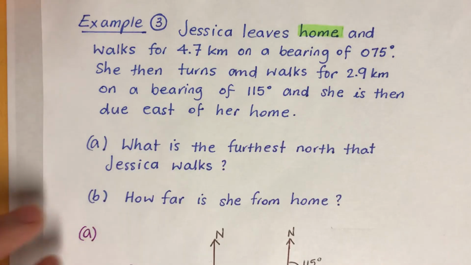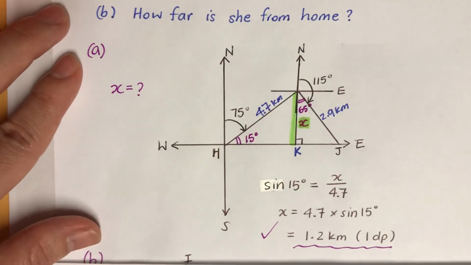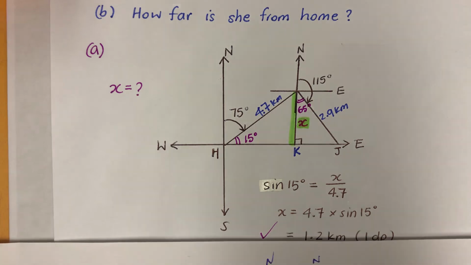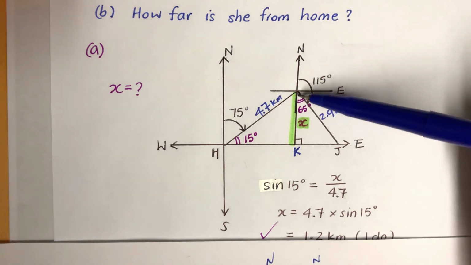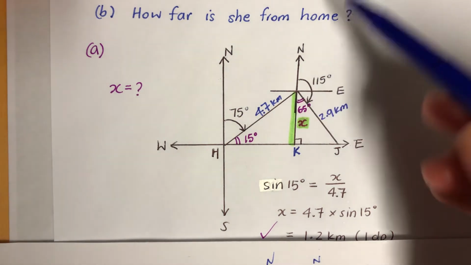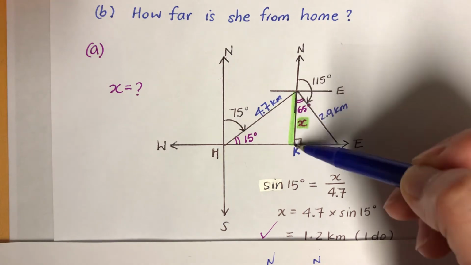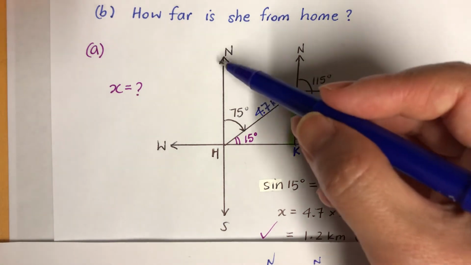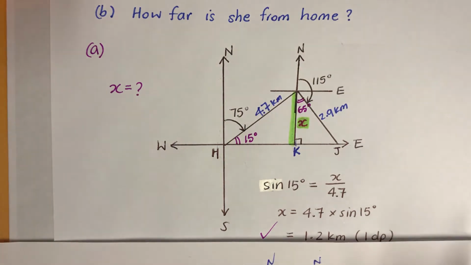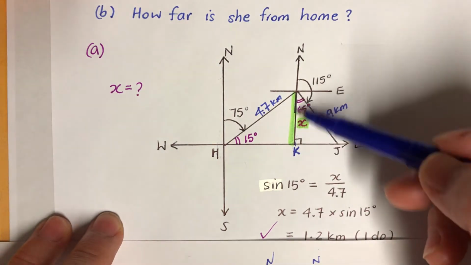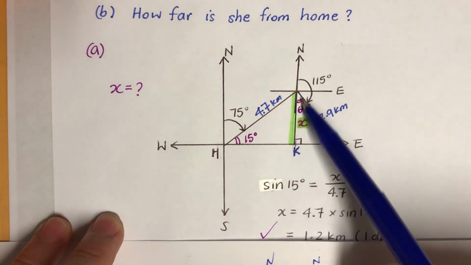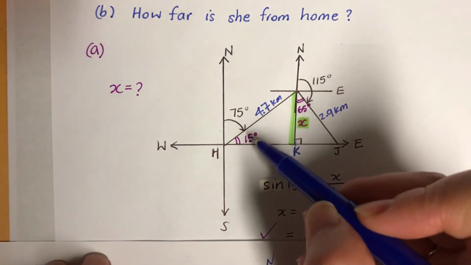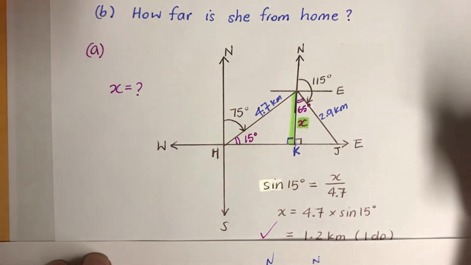All right, let's have a look at the diagram. Much better, neat and nice. Okay, so the question says, what is the furthest north that Jessica walks? So then we need to find, Jessica is here, and then she has to walk. That's our north, isn't it? Yeah, that's north. So to find this, I'm going to use this triangle, because then I've got this 90 degrees here.